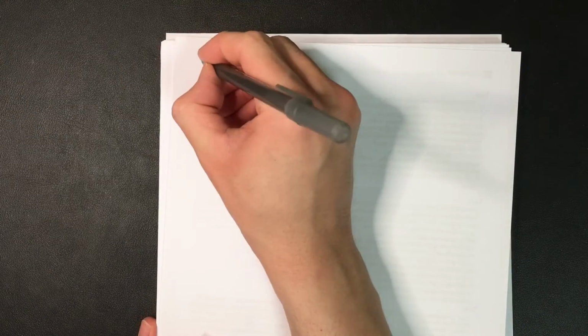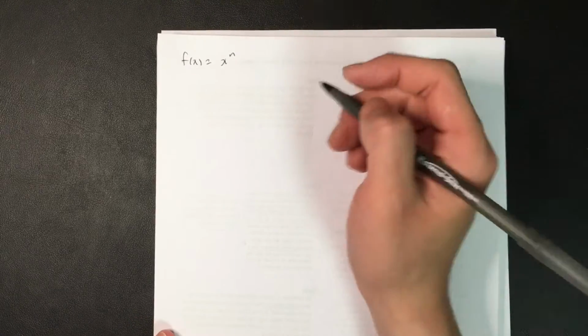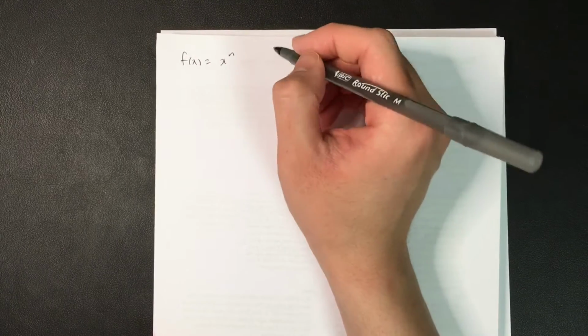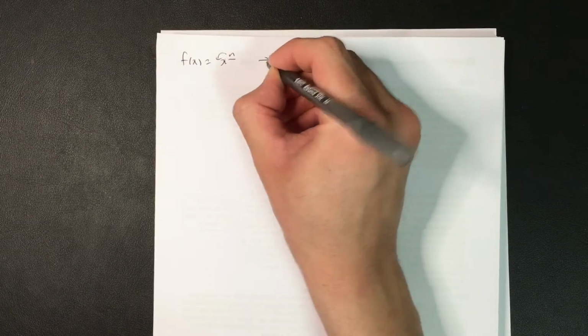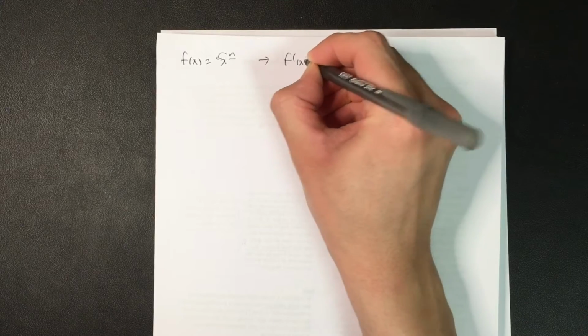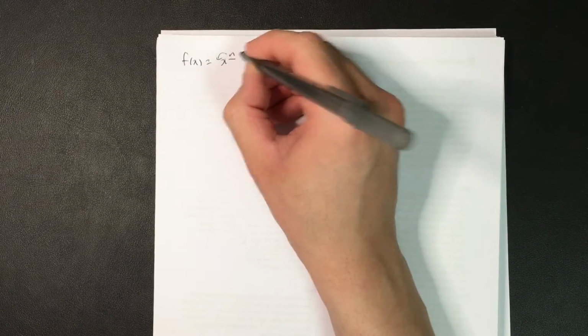Now, for any polynomial, let's say f of x equals x to the nth power, you use a similar technique of expanding x plus h to the nth power, and if you plug it into the definition of derivative, what happens is that this exponent drops as a coefficient. So f prime of x equals n times x, and the exponent you have to subtract by 1.